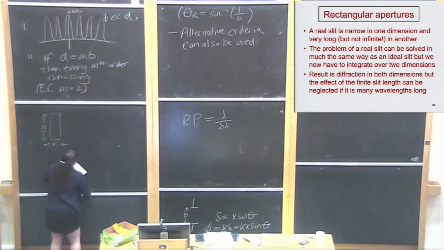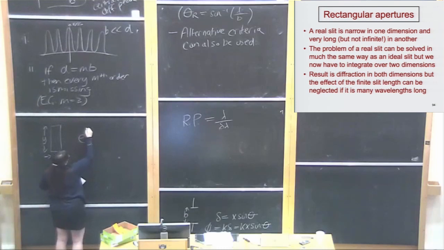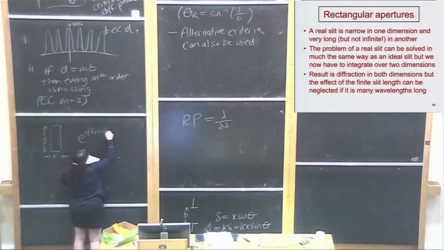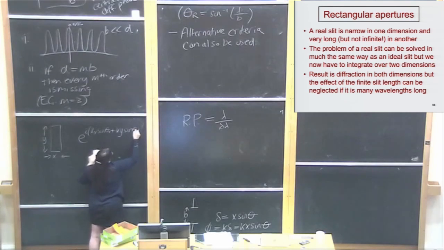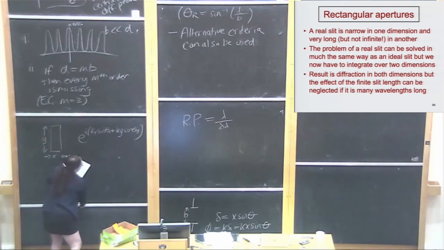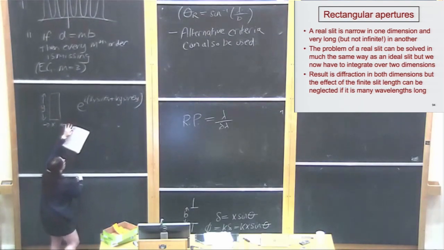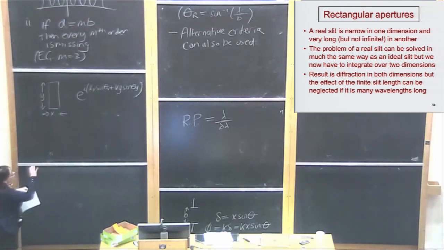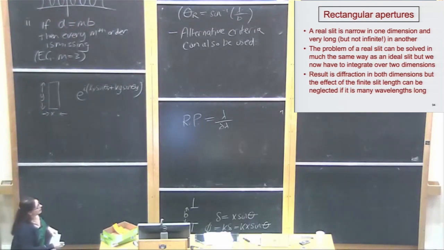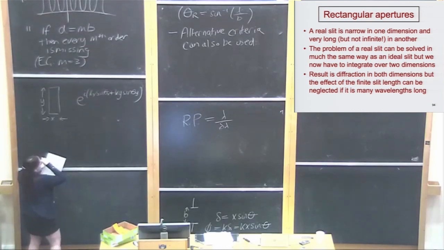So basically, your complex amplitude, you'd have to take care of both dimensions, essentially. So you would end up with a complex amplitude that looks like this, and you're going to have to integrate over both the x and the y dimensions. If you do that, and I'm not going to do it, it's done in Hecht, it's not very difficult to do, in fact, the result comes out quite nicely.